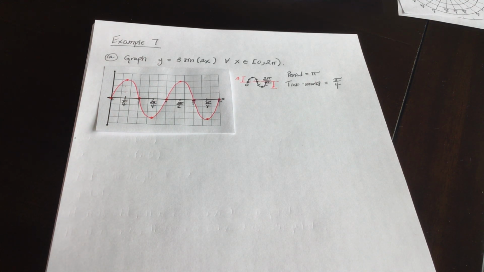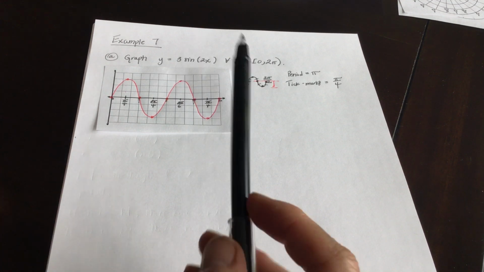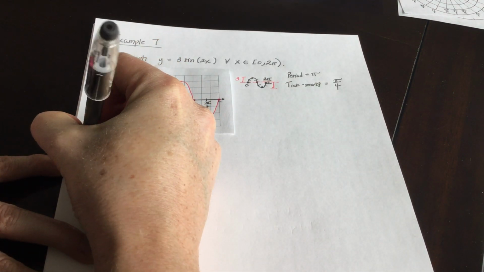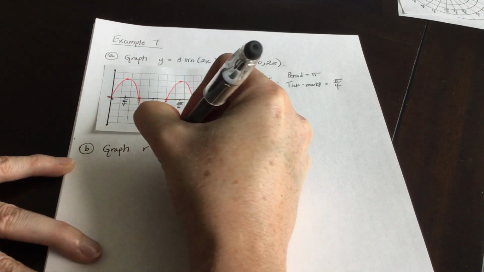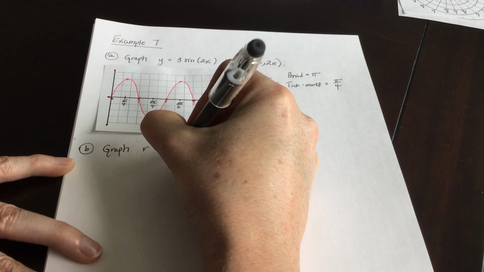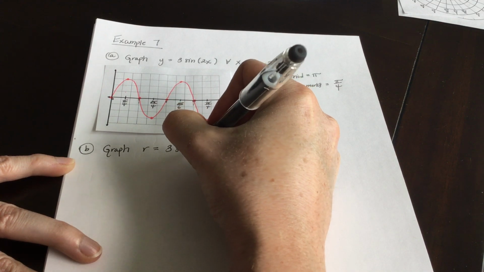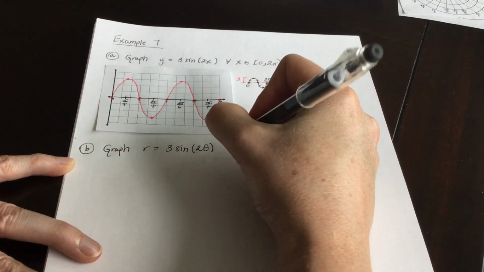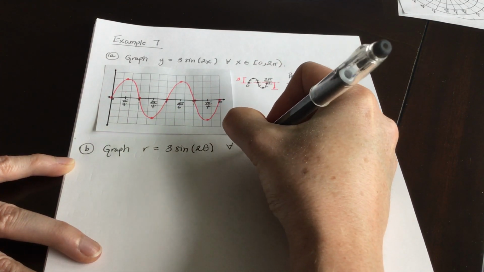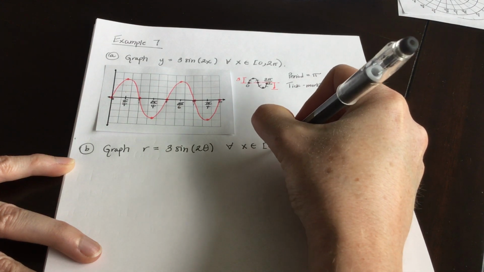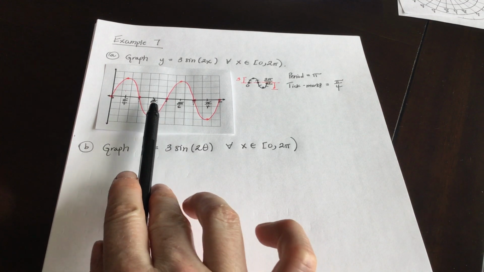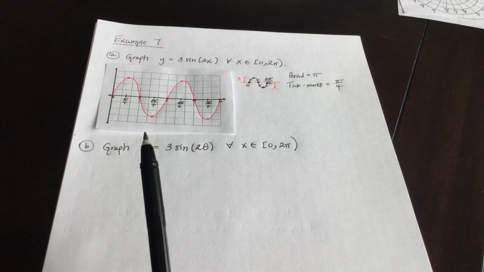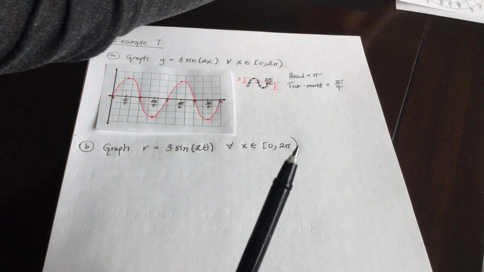Now, if you paid attention to the summary that I just wrote, for part B, I'm going to say graph r equals 3 times sine of 2 theta, so all of a sudden it's on a polar plane, for all theta from 0 to 2 pi. We're going to go back to the relationship between this and its polar graph.